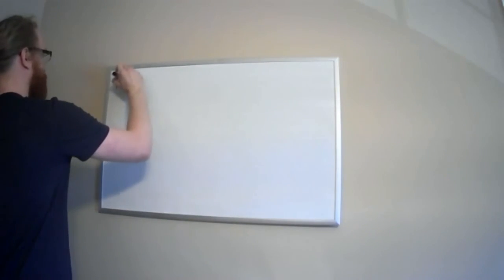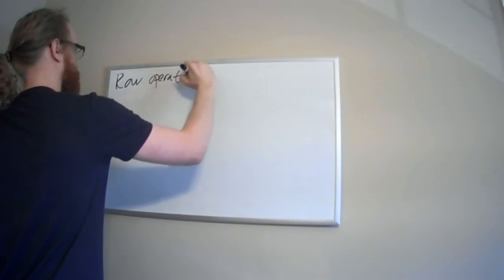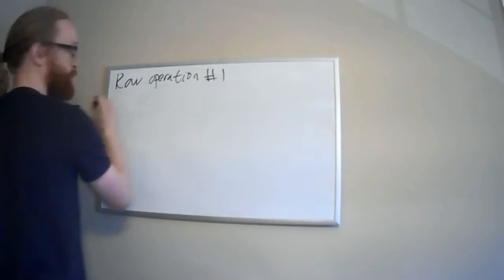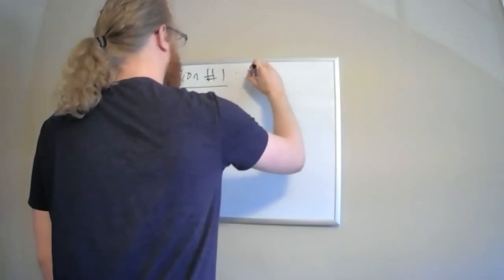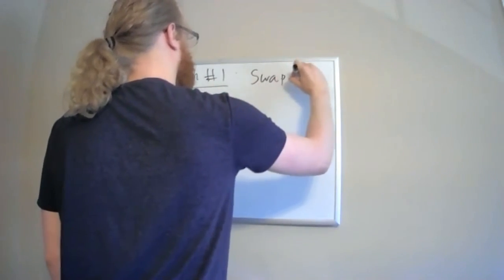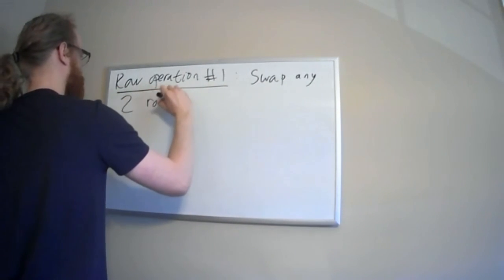So here's our row operation number 1. There's going to be 3 of these. Here's number 1: we are allowed to swap any 2 rows of a matrix.